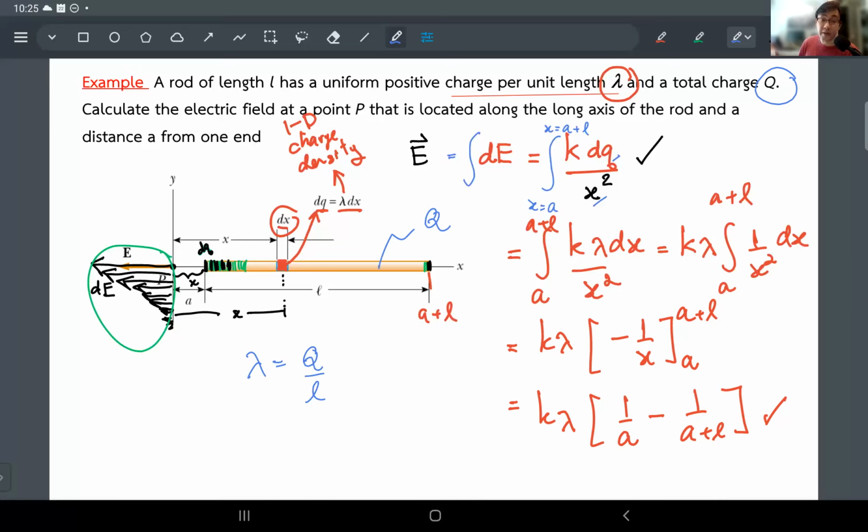You want to write in terms of Q, or you want to stick with lambda. That's up to you. But at the end, that is your net electric field at point P. Isn't that cool? Not bad, I hope.